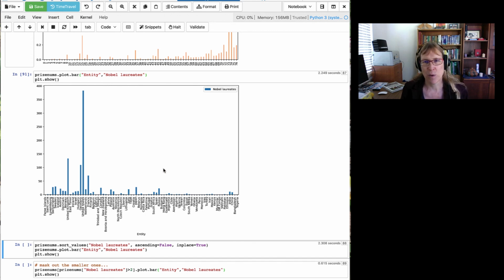Now, as we saw way back in one of our first visualization case studies, when you're trying to look at the relationships between categories like countries, it can help to sort the data so that we can see where they lie in a progression. And so we'll do the same thing here.